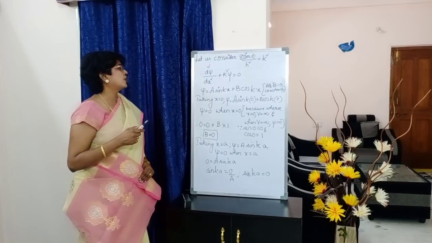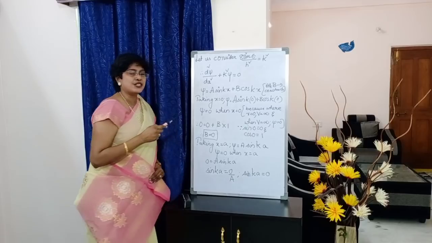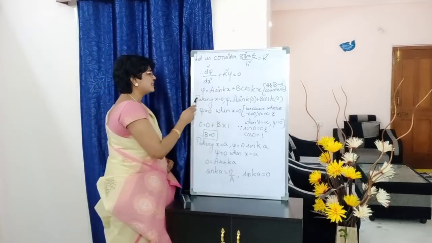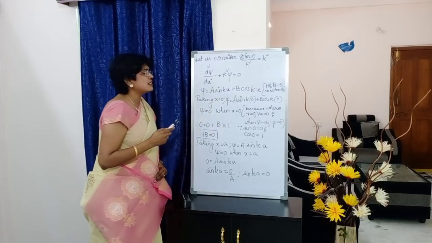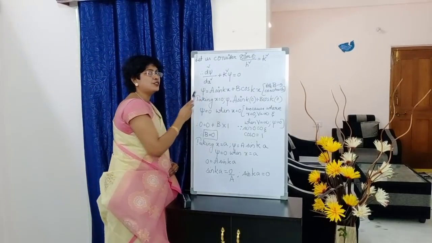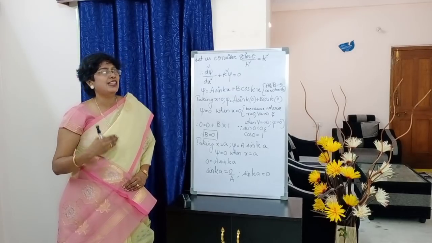Written? Okay. Now, students, this is a differential equation and the solution of this equation is psi is equal to a sin kx plus b cos kx. So we need not derive the solution of this equation. Directly we will take the solution.